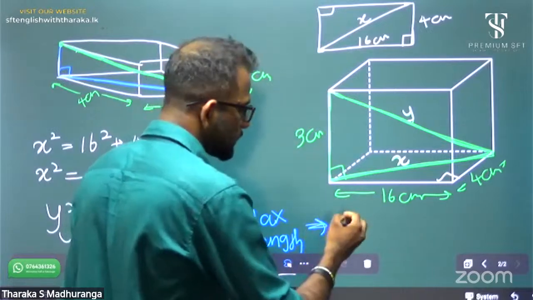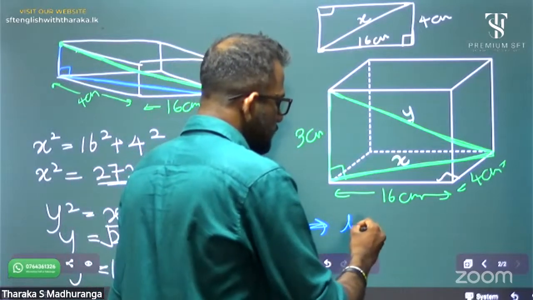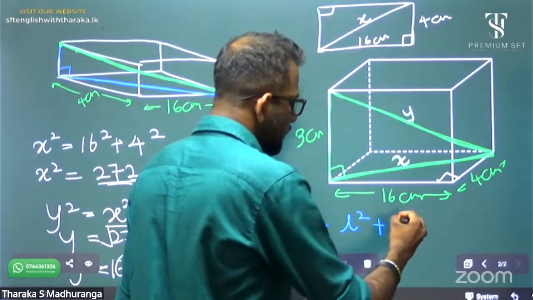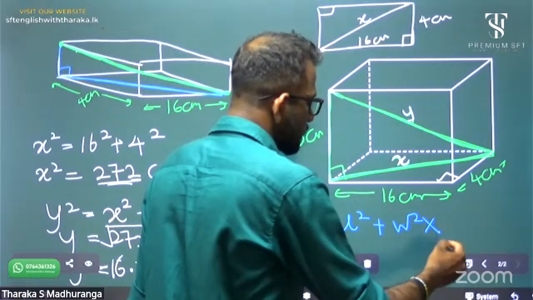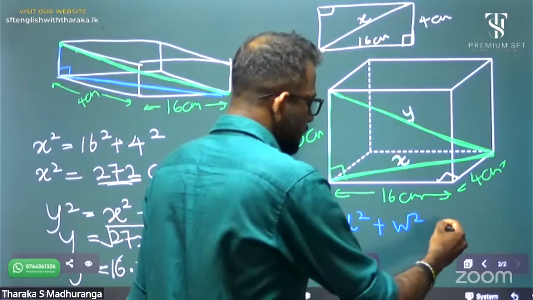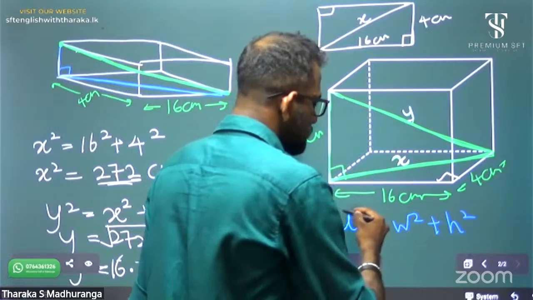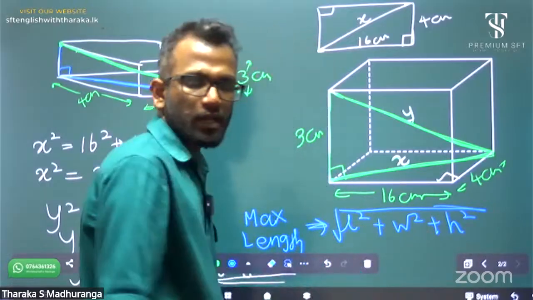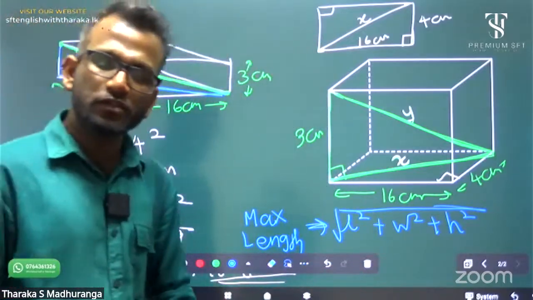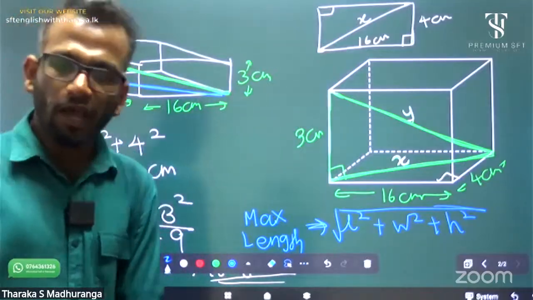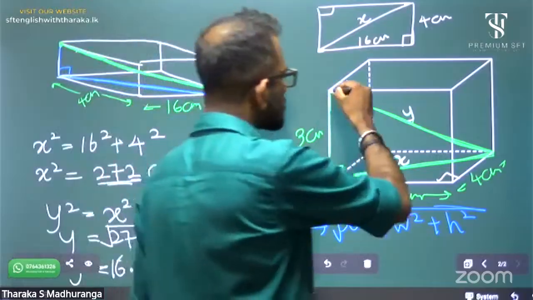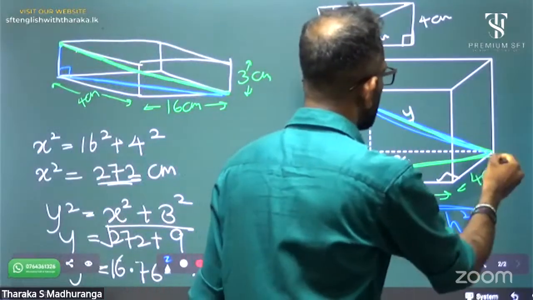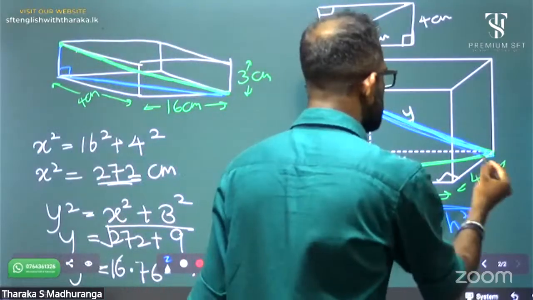Remember the short method, length squared plus width squared plus height squared, square root. Make කරලා බලන්න, that's a short method. Length squared plus width squared plus height squared square root. This is a short method to get the maximum length straight line in the box.